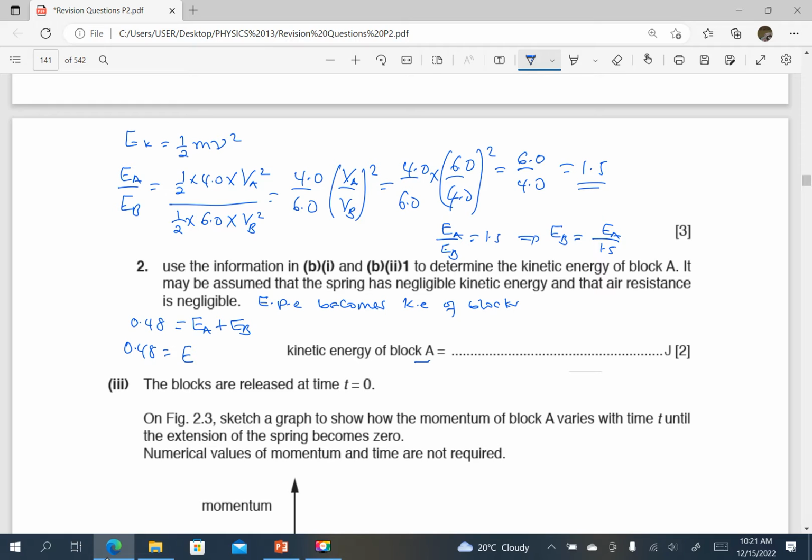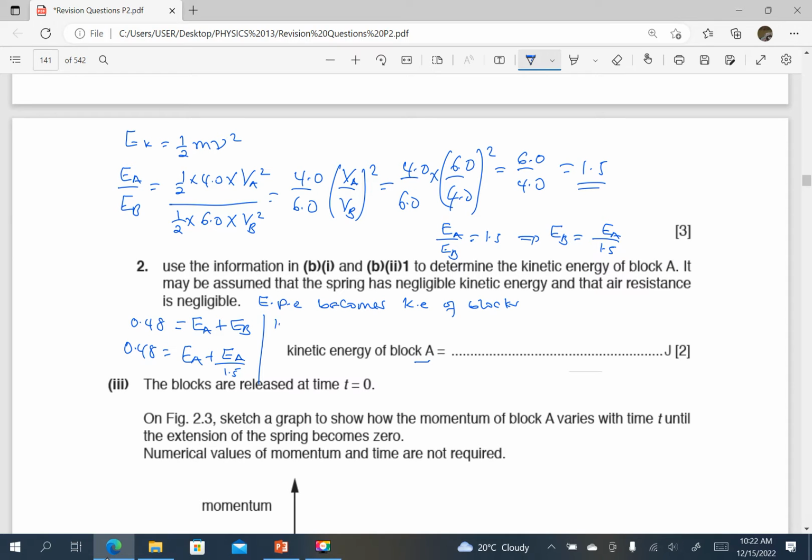I guess that is true. So here I will have kinetic energy of A plus kinetic energy of B, which is kinetic energy of A plus kinetic energy of A divided by 1.5. And I just combine these two, or I can cross multiply or get the LCM, whatever mathematics you use here. Okay, let me use simple mathematics. I multiply everything by 1.5.